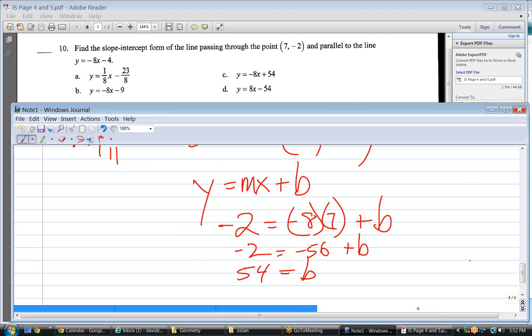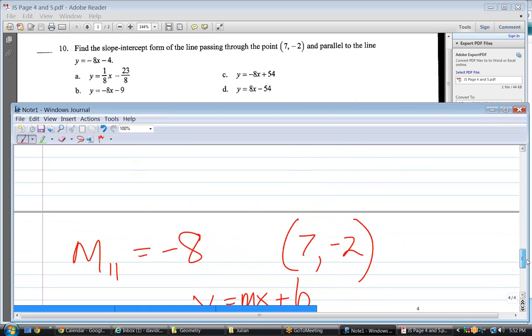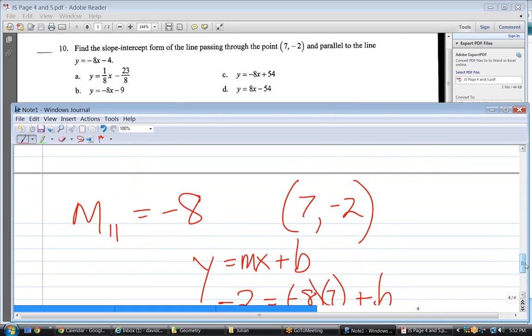What's the slope of a line that would be perpendicular to this line? Positive 8x? No, you got to do two things. First of all, the slope does not include x. The slope is a number. So it's not 8x for parallel or perpendicular.